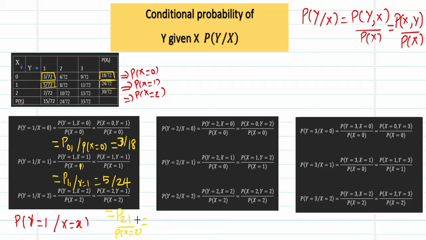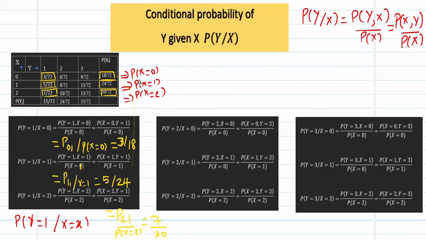P of 2, 1 is 7 by 72, and x equal to 2 is 30 by 72. So this is 7 divided by 30. That gives the third value.